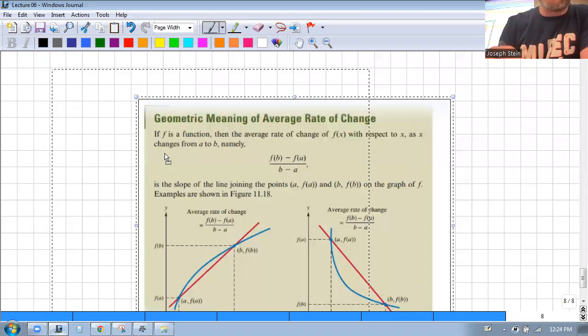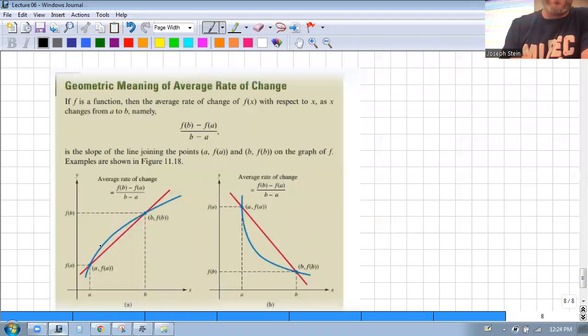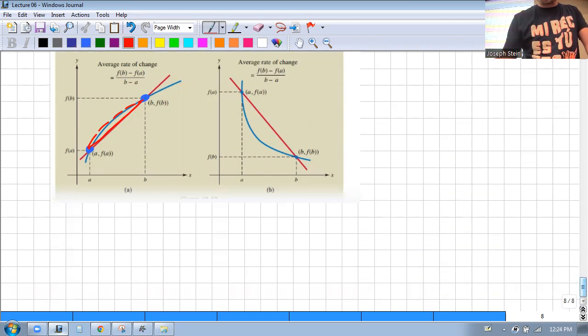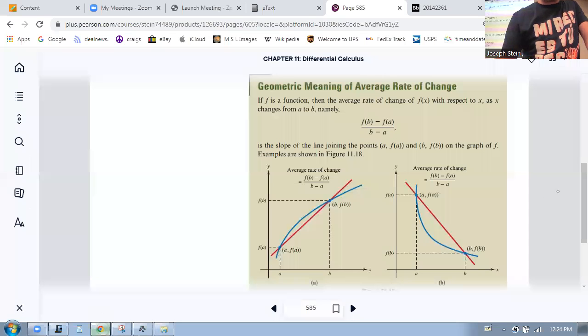Geometric meaning of the average rate of change. So this blue line here, the slope is different everywhere, right? But if you're talking about between this point and this point, the slope of this red line is the same as the average slope of the blue line, right? The calculus, rates of change.